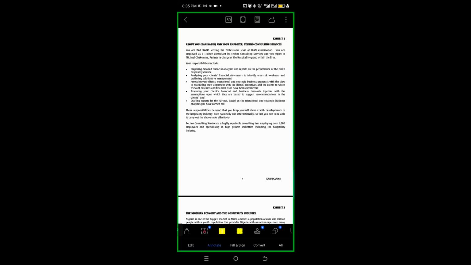Then the second responsibility says that you will analyze your client's financial statements to identify areas of weaknesses, and you are to provide solutions to the management. Areas of weaknesses will likely be areas where the ratios are below a certain standard or average. On the other hand, all the ratios that are up to standard or above standard will amount to strengths.